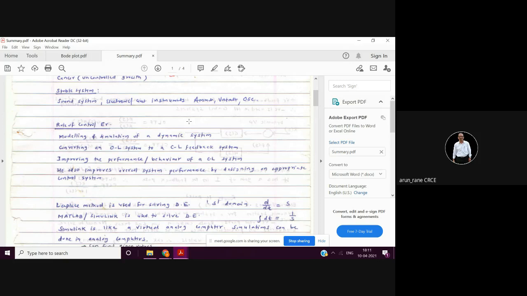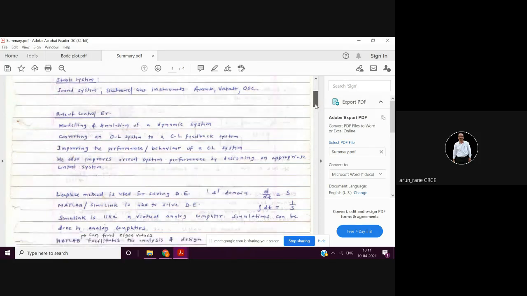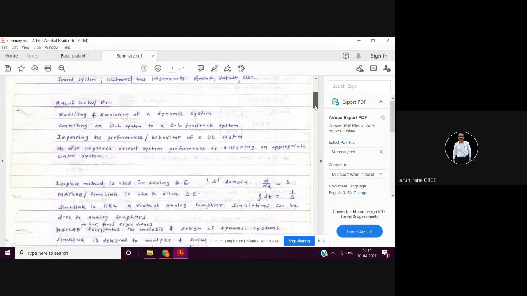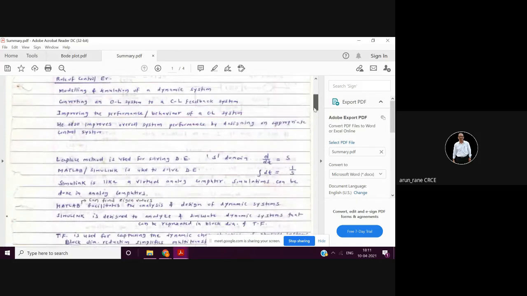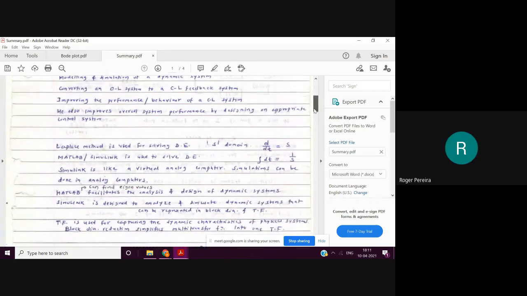What is the role of control engineering? Modeling, simulation of dynamics, converting an open loop to closed loop, improving the performance or behavior of a closed loop system, and overall system performance by designing an appropriate control system. Laplace method is used for solving differential equations.